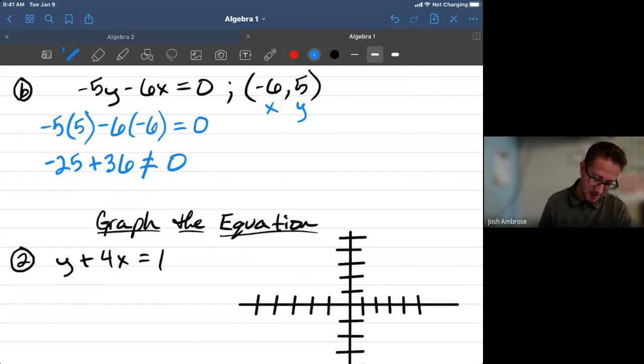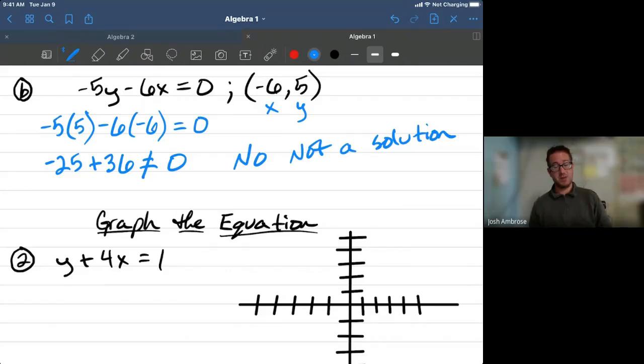No, it does not. This is not a solution. Negative 25 plus 36 does not equal 0. Therefore, the point they gave us, the negative 6, comma 5 point, does not show up on the line that the equation negative 5y minus 6x would create. That's why it's no, not a solution.